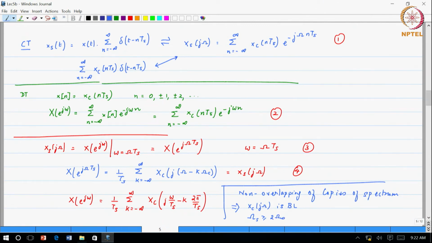And again this Ωs is nothing but 2π over Ts. So, once you have ensured that your shift is larger than 2 times the bandwidth of the signal, that goes back to the Nyquist criterion, which we can look at in the continuous time domain, which is very straightforward for us.